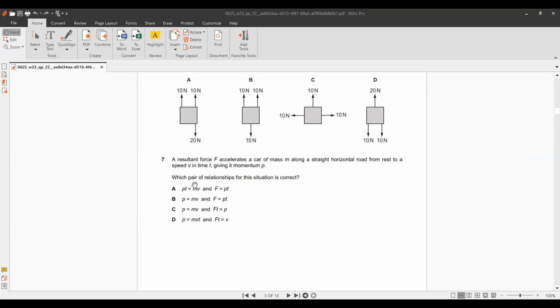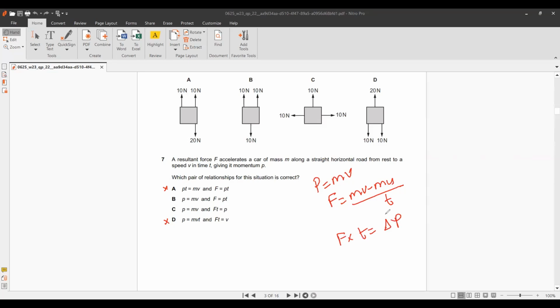I'm only discussing momentum. This is not the right formula for momentum, and this is not a right formula for momentum. How many formulas do we have? We discussed yesterday too. When it comes to momentum, p is equal to mv, F is equal to (mv minus mu) over t, and F times t is equal to the change in momentum.